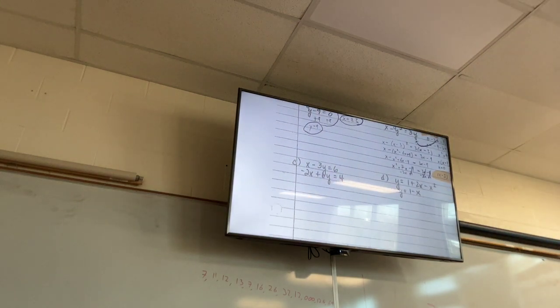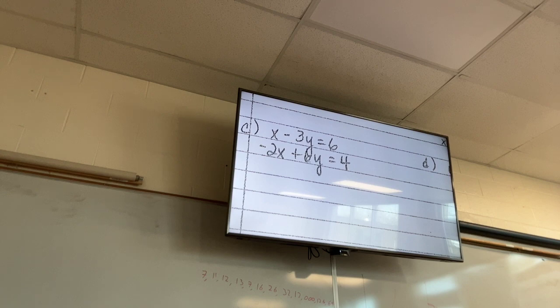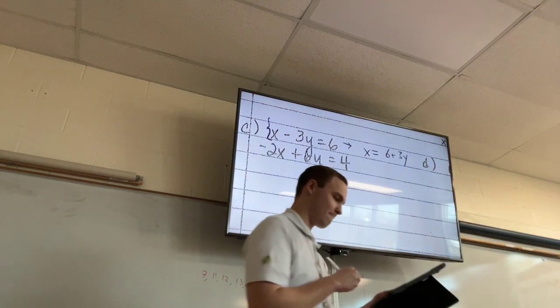All right, C, the same thing. Same thing, okay? So let's use this top equation. This is now an algebra 1 problem. All right, let's get x by itself. X equals 6 plus 3y, okay?